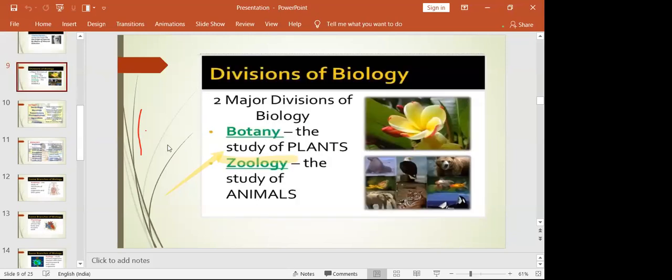Next, divisions of biology. What are the main divisions of biology? Here I gave only two, but actually three major divisions are there in biology. The first two are botany and zoology.